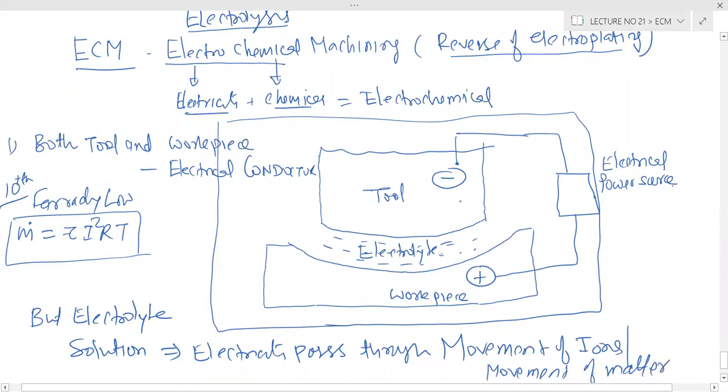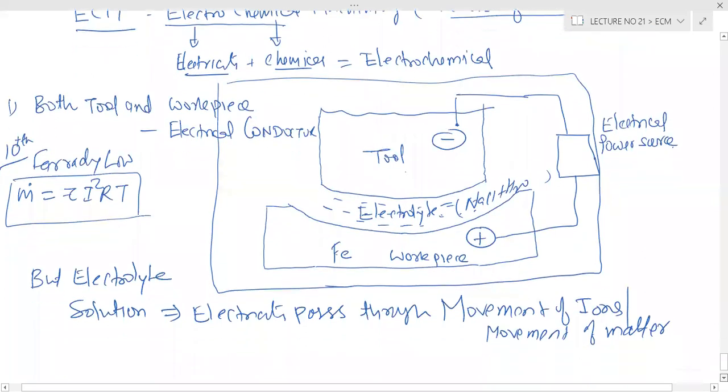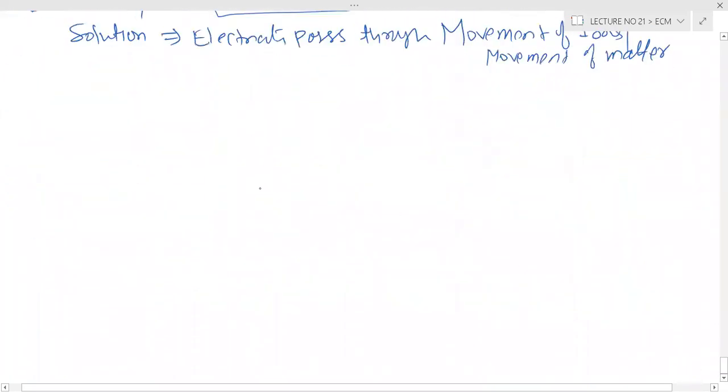So you have a negative, you have a positive, and you have an electrolyte solution, right? It is basically NaCl in water. Suppose this is your iron. Iron is a metallic conductor. So what happens when electricity passes through this?